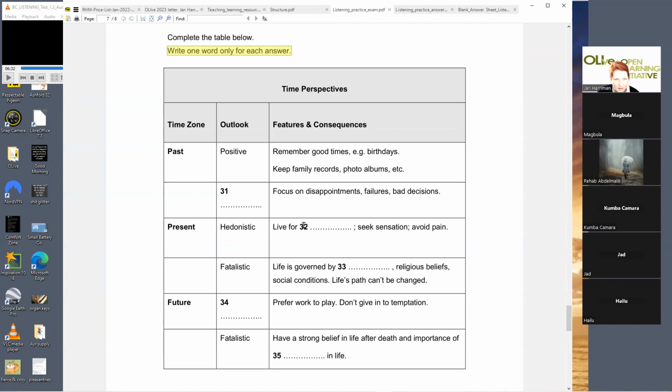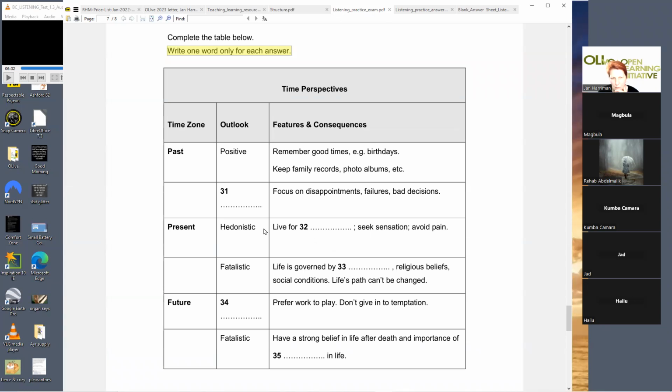Once again, someone who is hedonistic is going to live for something. But what do you think it's going to be? Is that going to be a positive or a negative? Is this word going to be a positive or negative thing? What do you think?